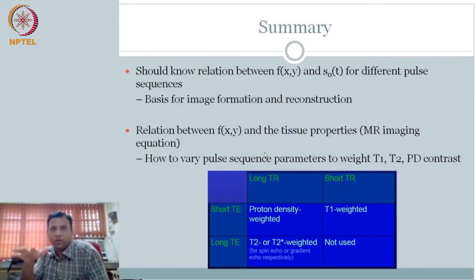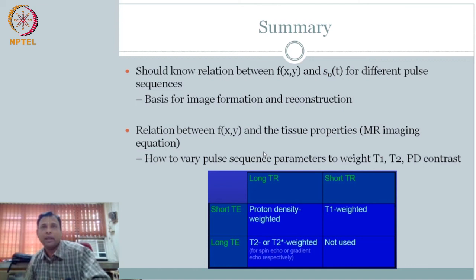Here we have understood what we are recording, which is the Fourier transform of the object. So I should be able to go back to the object or the image. Then we need to talk about the image quality. Okay, so maybe another 2 lectures we will be able to complete the syllabus. So we'll stop here for this module. Thank you.